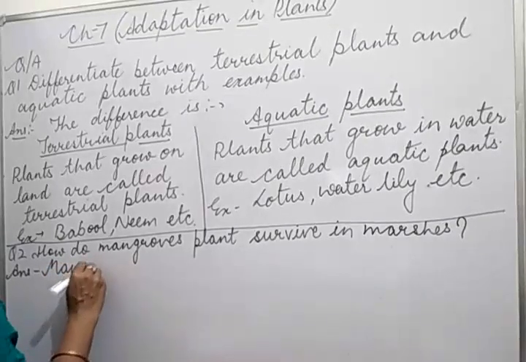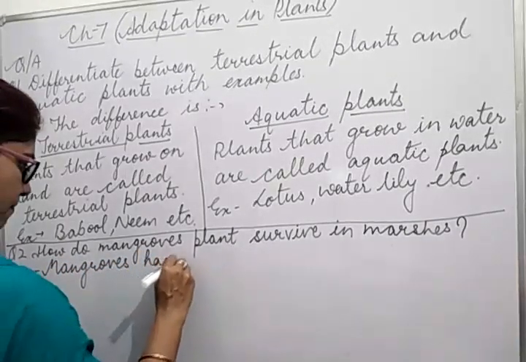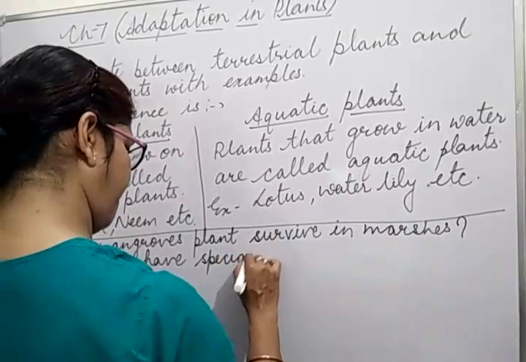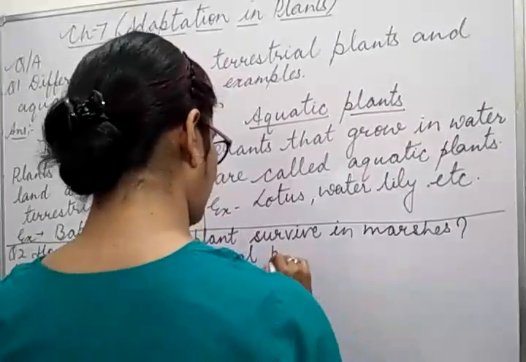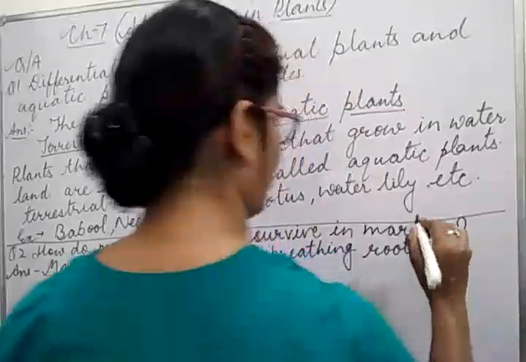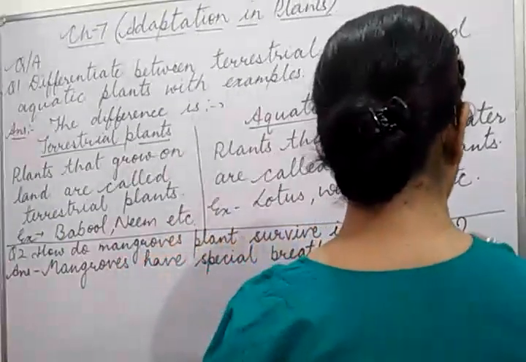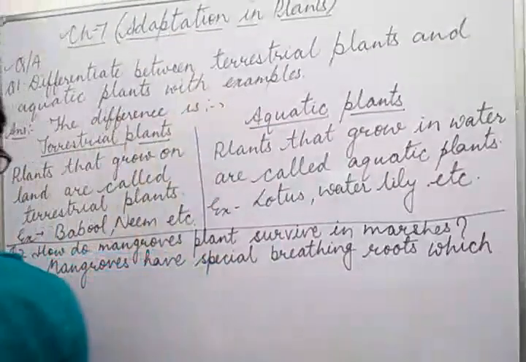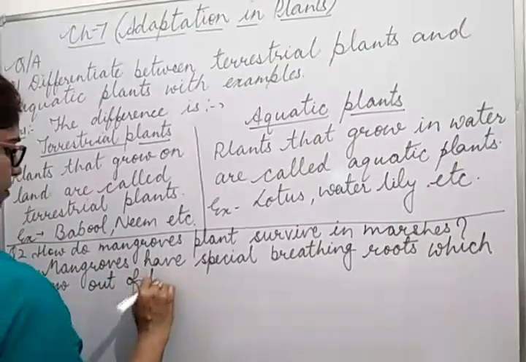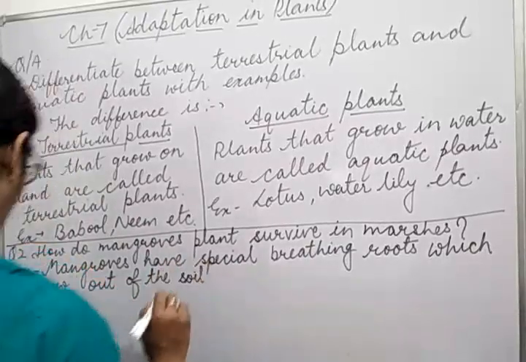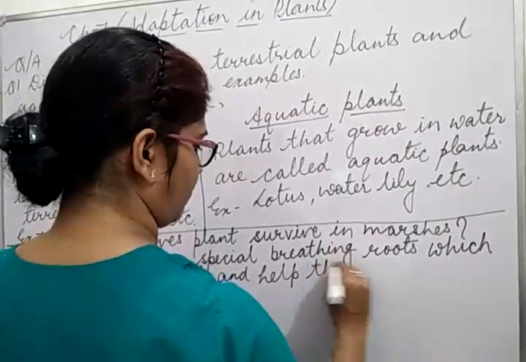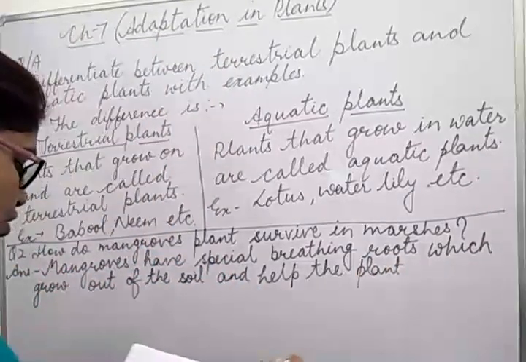Mangroves have special breathing roots which grow out of the soil and help the plant to take in air.